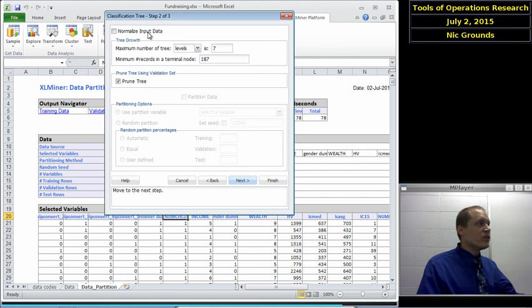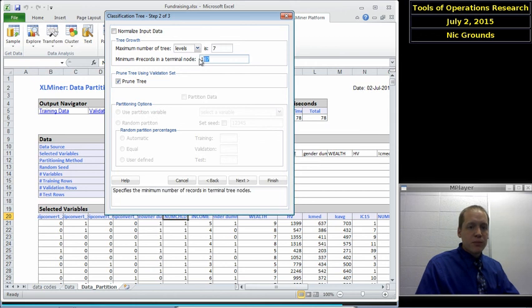It's a complex reason why you might normalize or not for classification and regression trees. Generally speaking, I would say don't. It's more useful to understand what the raw values for the split values are. You can limit the number of levels, so how many different times it will split the data, up to 7 different times on each branch of the tree.